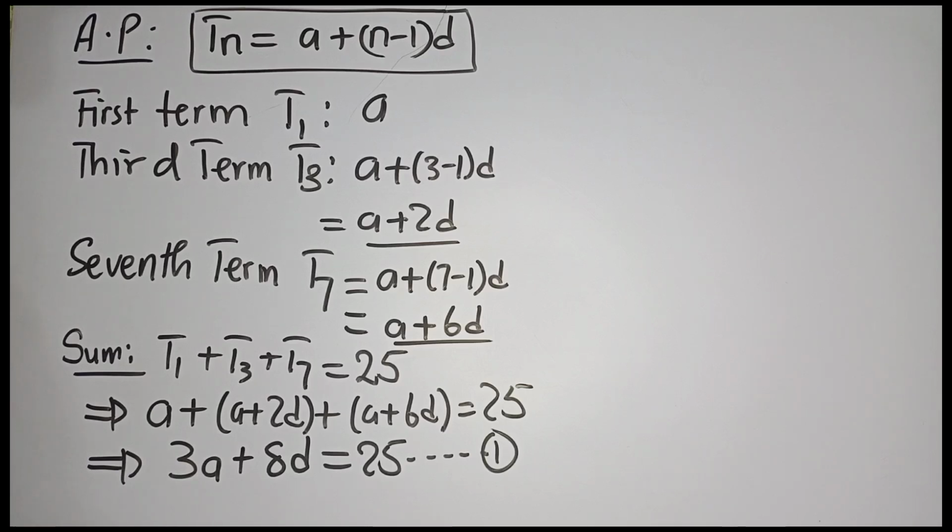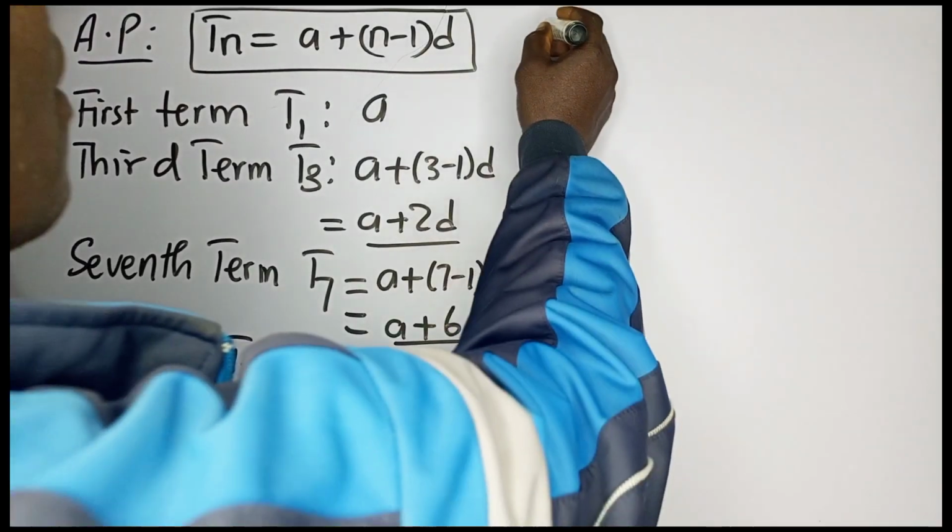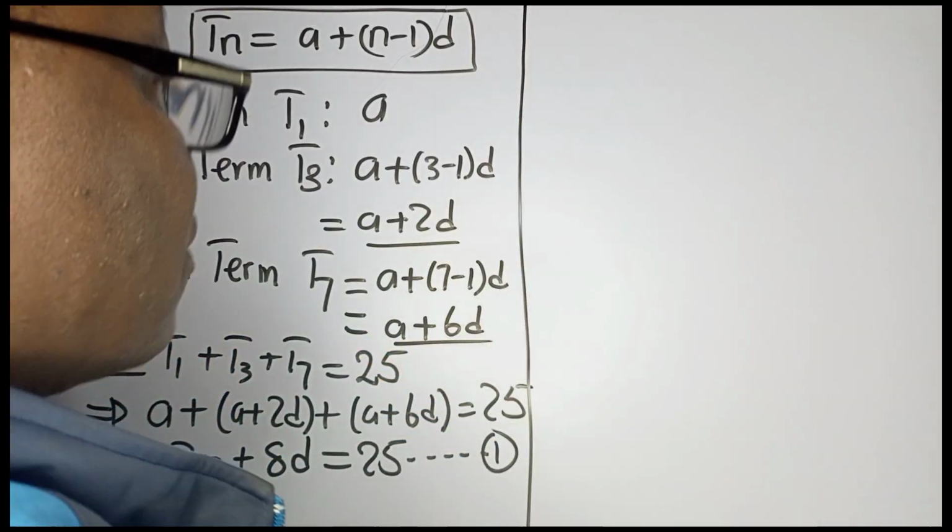The second major information is we are told that the 13th term of the progression is 3 times the fourth term. Let's handle that situation.